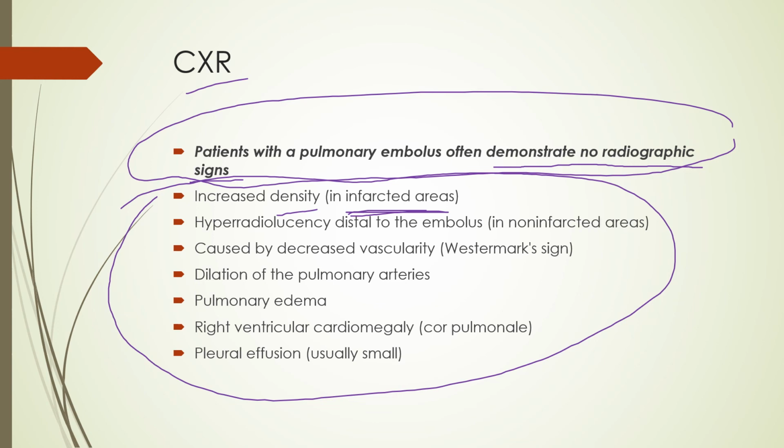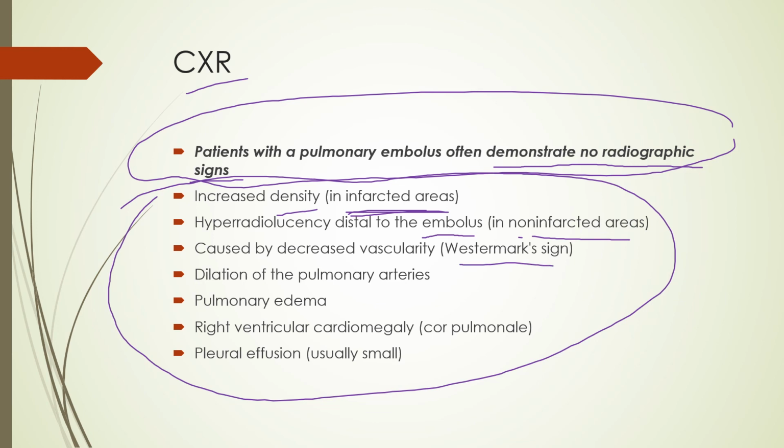You might see radiolucency behind the emboli, in the area that doesn't have the issue going on. So that's going to be a sign. You might see decreased vascularity. This is known as a Westermarck sign. Do I need you to remember that term? No. But it's good to know.